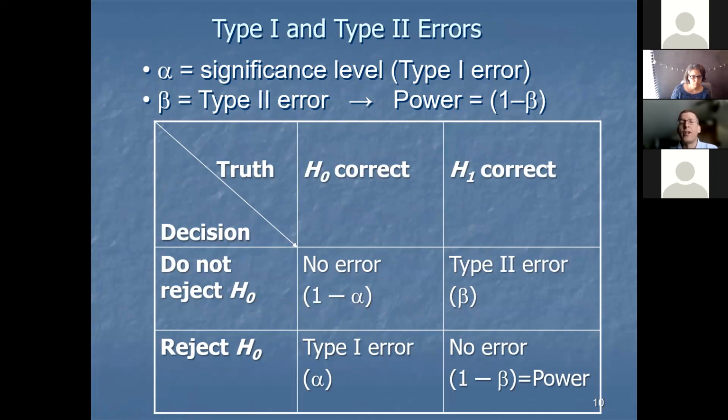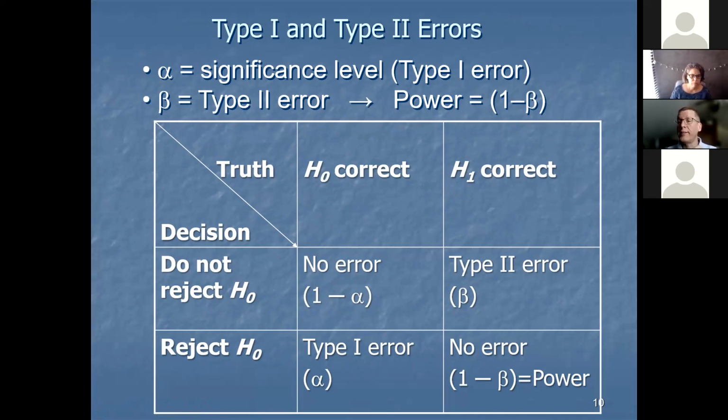So here's that refresher on type 1 and type 2 errors. Again, alpha is my type 1 error, beta is my type 2 error, and that's important here because power is 1 minus beta. As a reminder, we have the true state that's unknown, that we're interested in and want to have some evidence for or against.